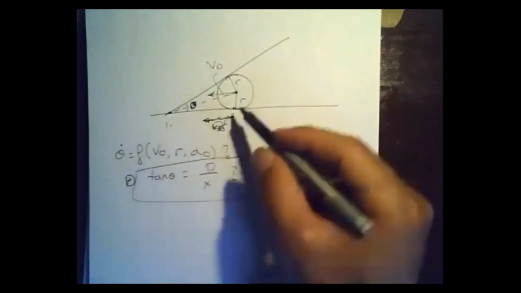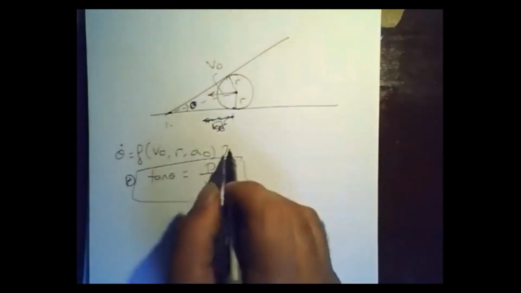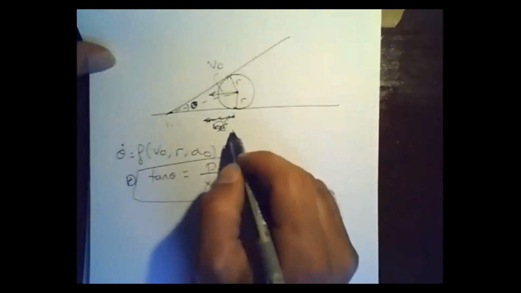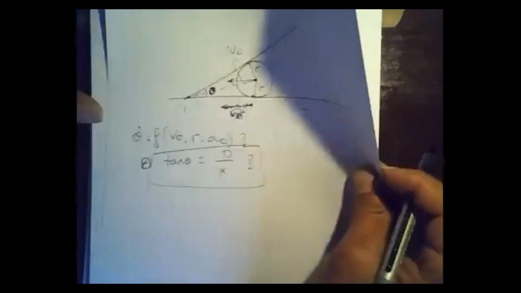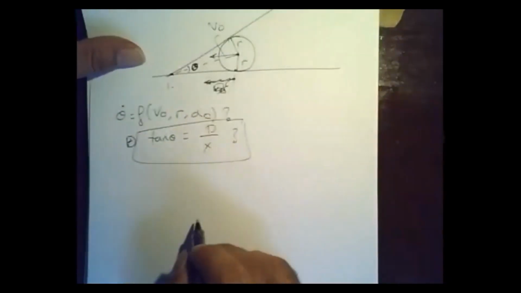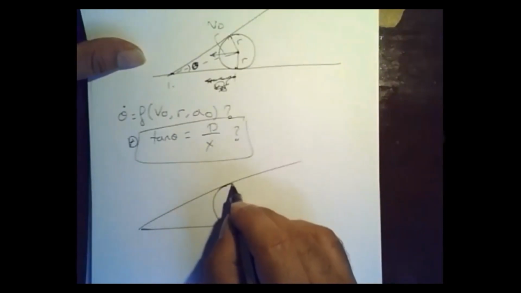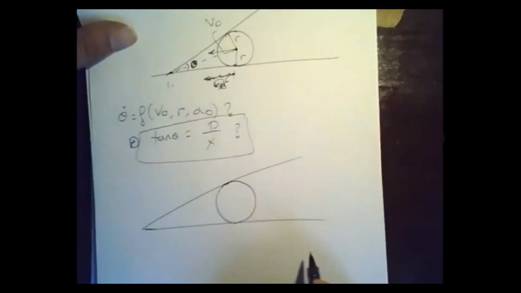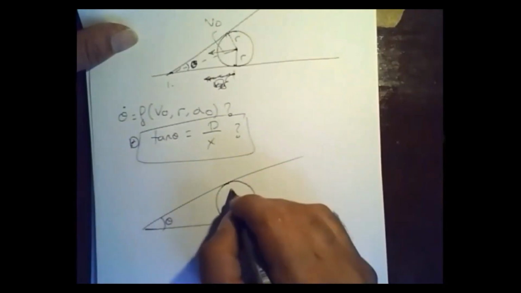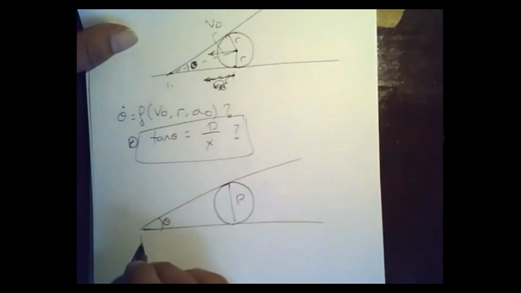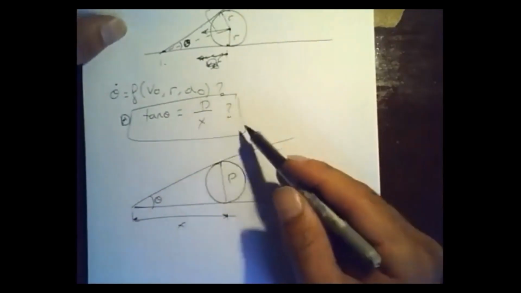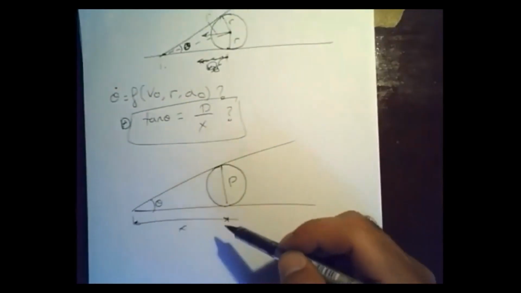Can I say tangent theta is equal to the diameter divided by x, where x is that distance? I'm just going to redraw this very quickly. Can I say tangent theta is equal to d over x? Is that true or no?